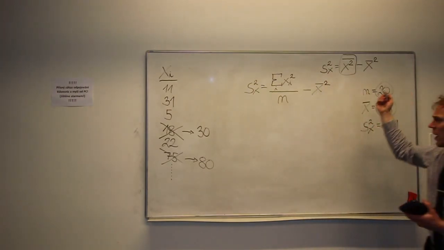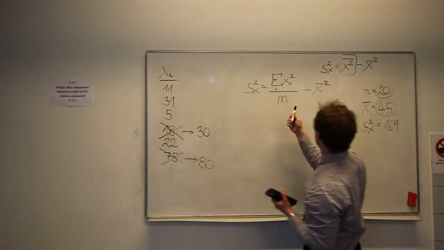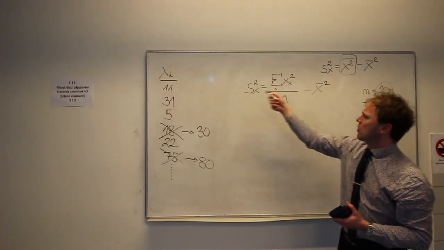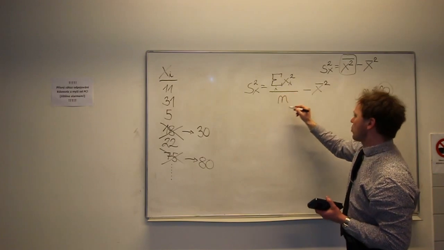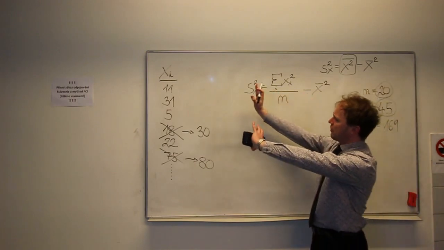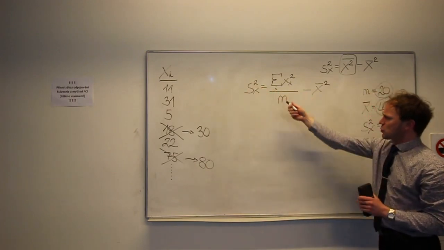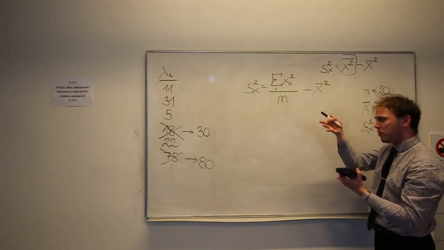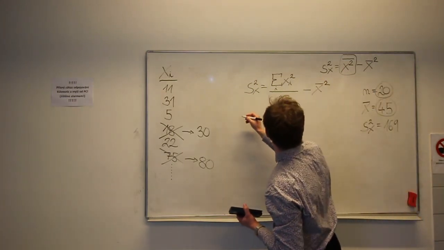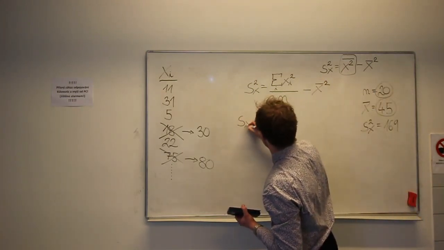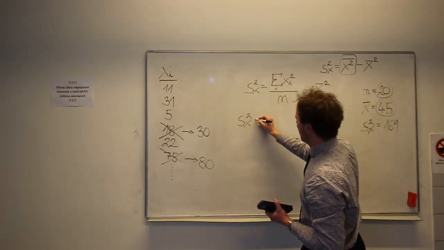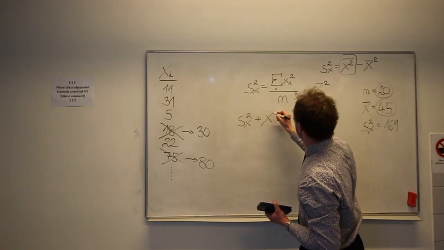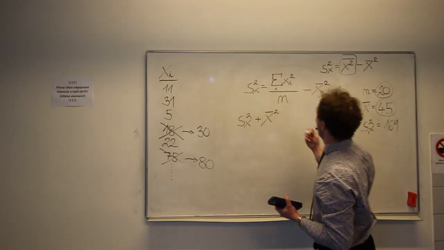Okay, so we can put this on the left side, this n is in the denominator, and on the left side this will be a multiplicator. So s x squared, can you see this minus? There will be plus x with stripe squared.